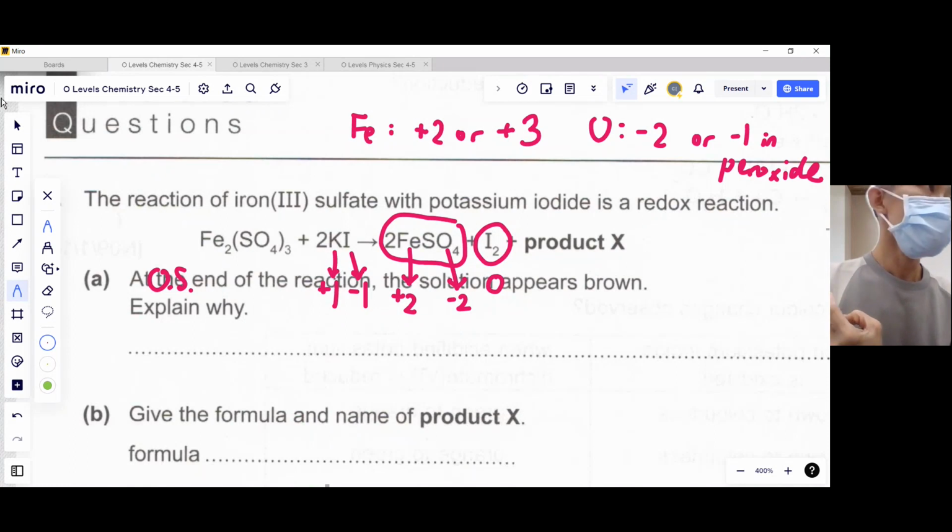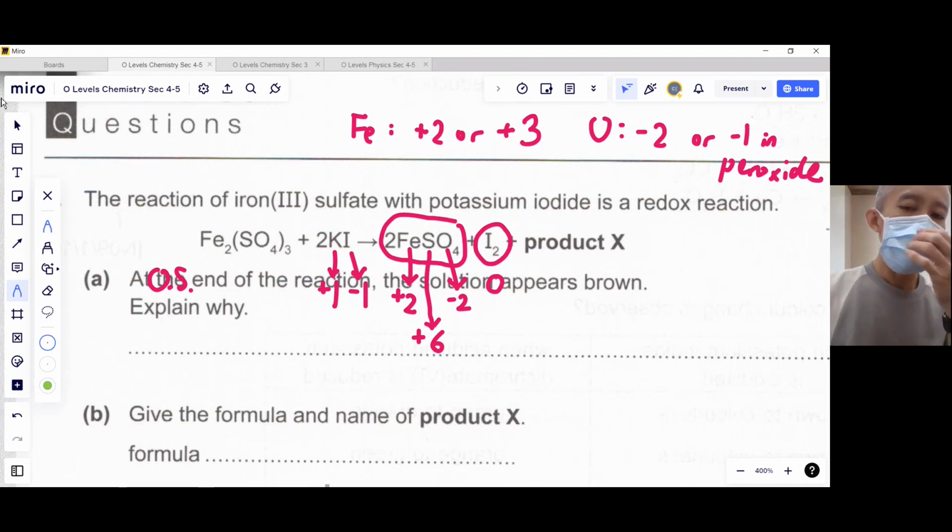But this is not peroxide. This is just a normal sulfate. The last one, sulfur. And how does he know it's +6?